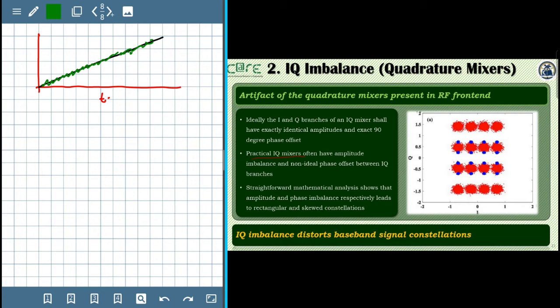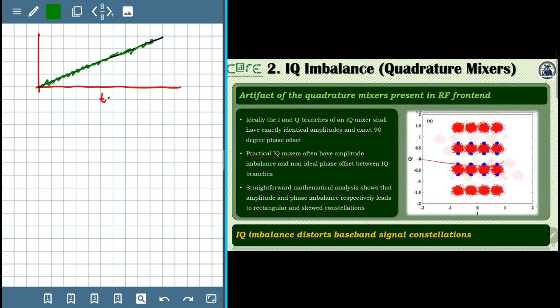What type of imperfection it leads to depends upon the type of artifact. If there is only amplitude imbalance, we get a so-called rectangular constellation, as is shown on the diagram on the right. Instead of the blue ideal constellation, we get a tall constellation in red whenever there is an amplitude imbalance and the Q branch has a higher amplitude.